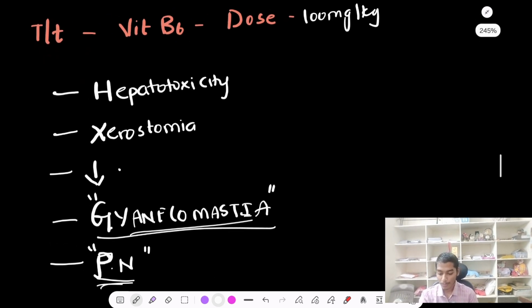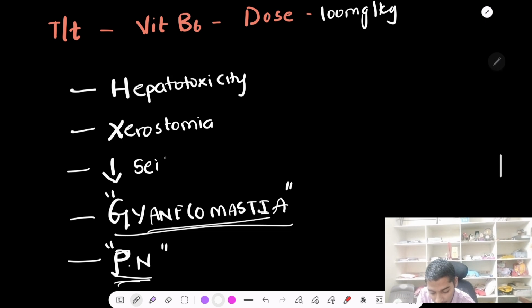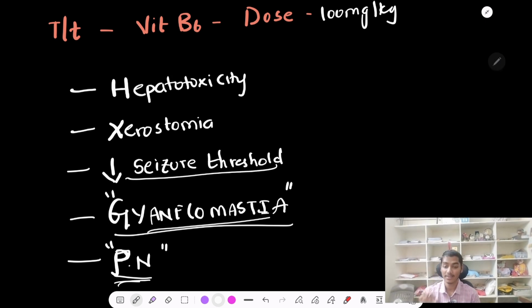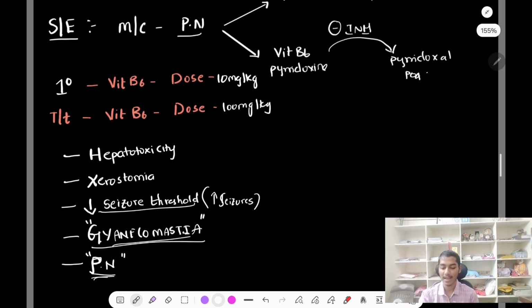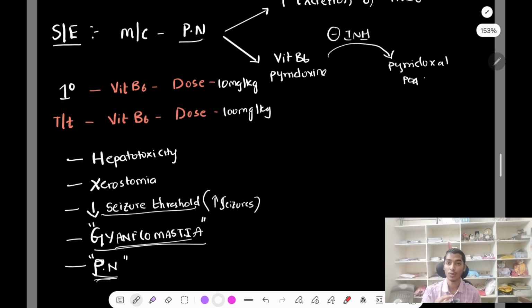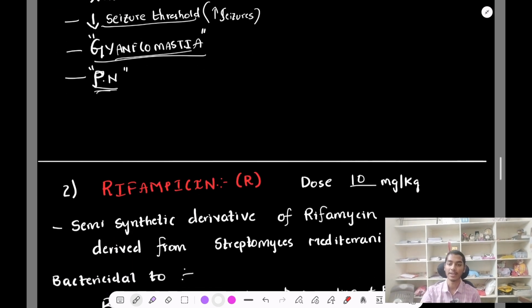It is also responsible for decreasing the seizure threshold, which is a very important side effect, increasing the seizure activity. So these are the side effects: peripheral neuropathy, hepatotoxicity, xerostomia, decreased seizure threshold, gynecomastia and also peripheral neuropathy. These are the side effects.